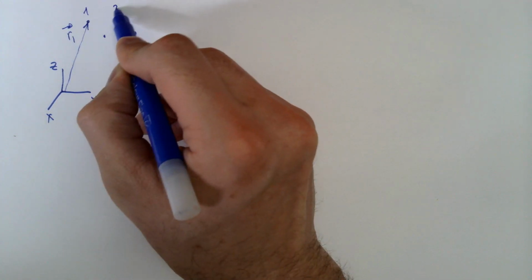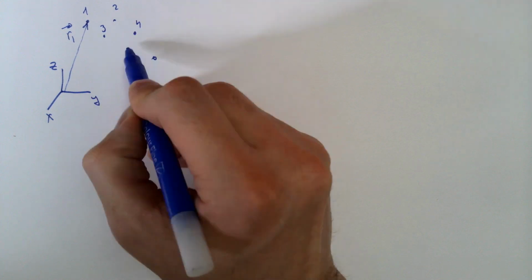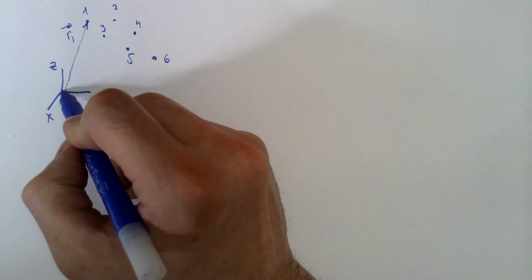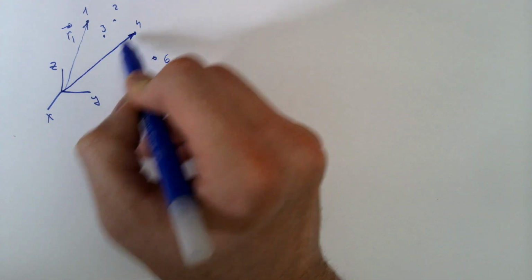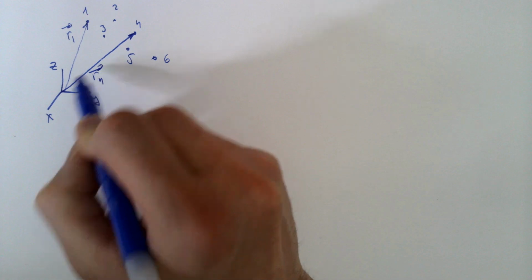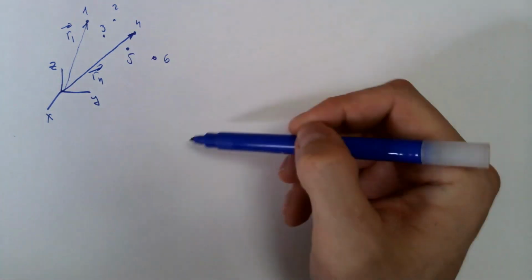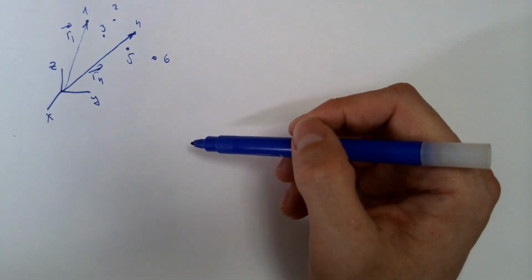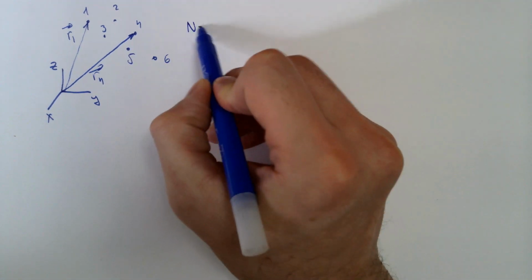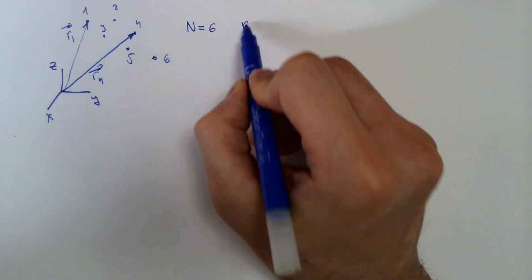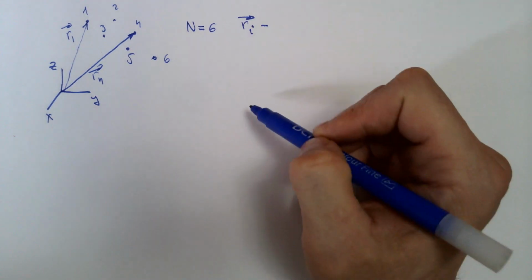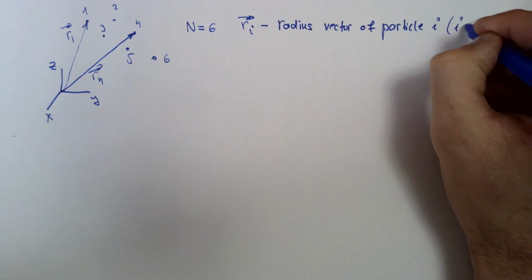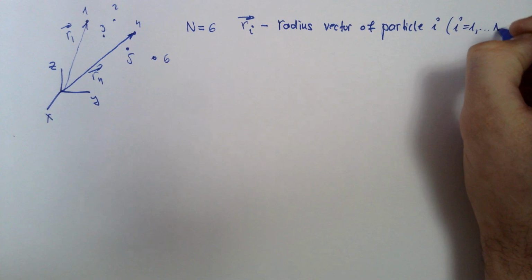For example, particle 4 has radius vector R4, and so on. I don't want to plot all radius vectors because it will become too busy. Total number of particles in this case is 6. Ri is the radius vector of particle i, and of course, i goes from 1 to n.